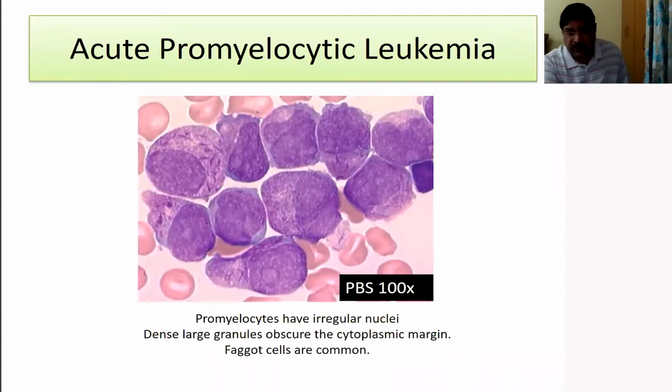Arsenic trioxide and all-trans retinoic acid have created wonders in the treatment of acute promyelocytic leukemia. They don't die anymore. The long-term outcome is excellent. Almost 90% of the patients will get cured with all-trans retinoic acid and ATO. Next.